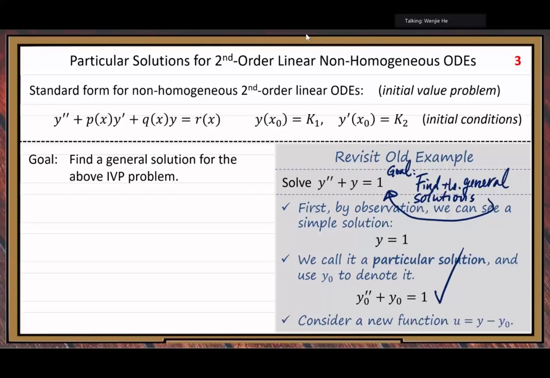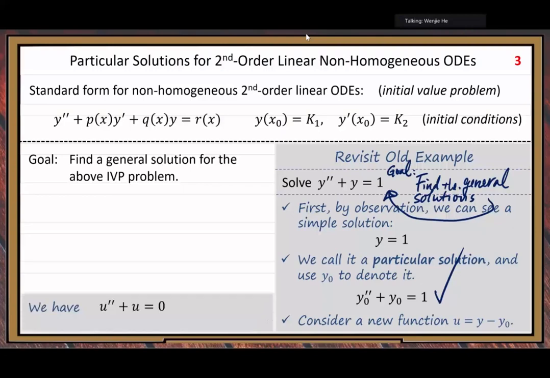Here, really important: little u equals y minus y0, where y corresponds to the general solution and y0 is the current particular solution. Let us use this back in the original ODE and see what we get.